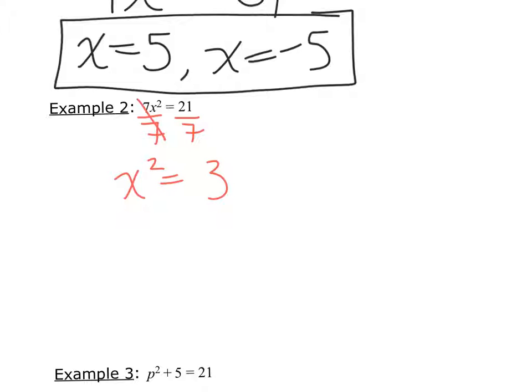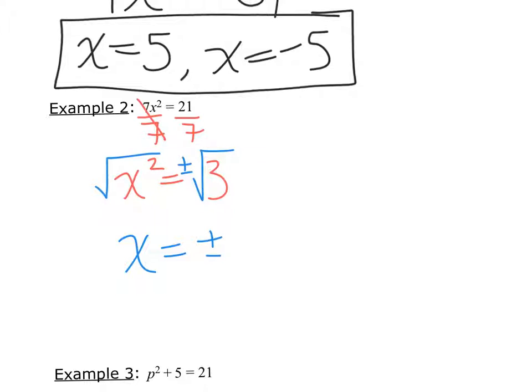Beautiful. So next, what do I do? Square root. We're going to take the square root of both sides. And remember, when I take the square root, we have to do plus and minus, right? So I'm going to have x equals plus and minus.